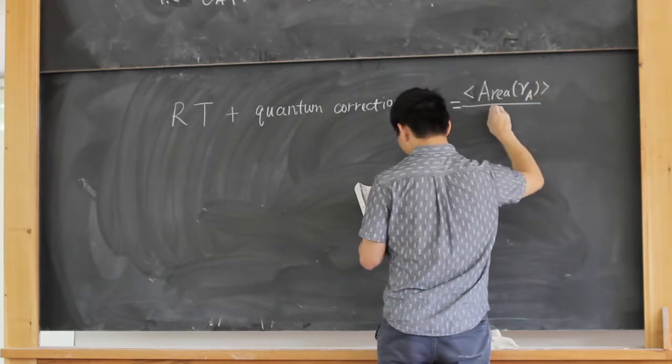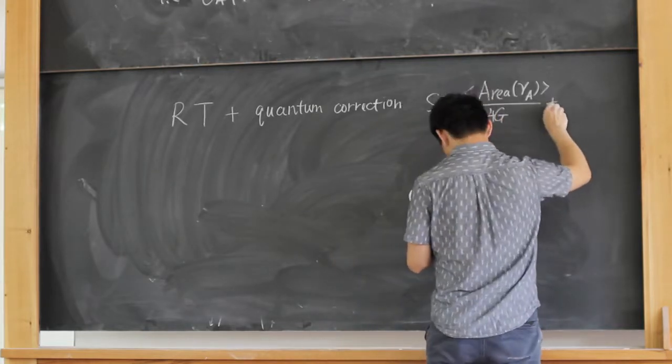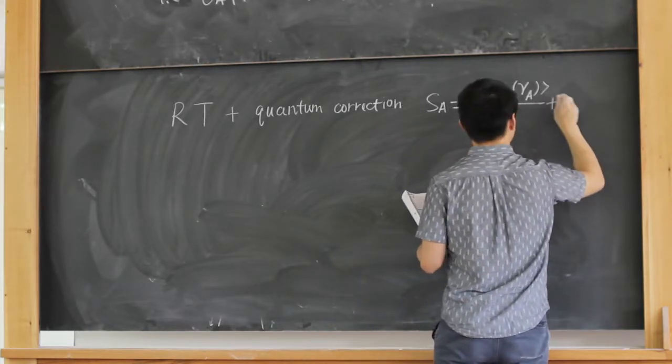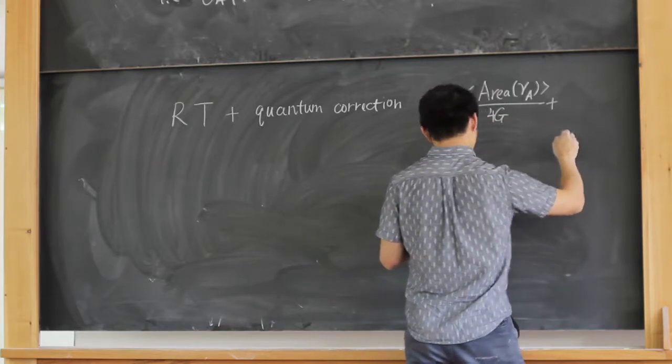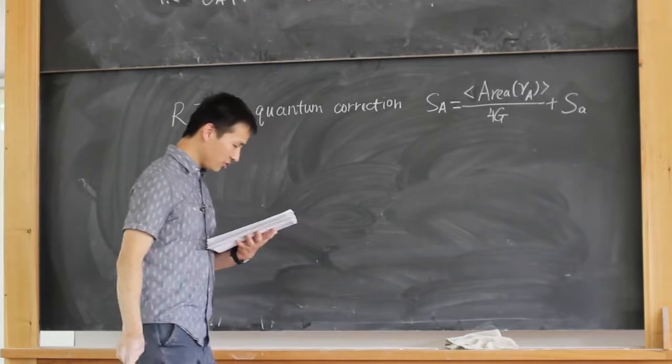The first term is the area term, but we're supposed to calculate its expectation value carefully in the bulk theory. And then there is the bulk entropy term that we discussed previously.